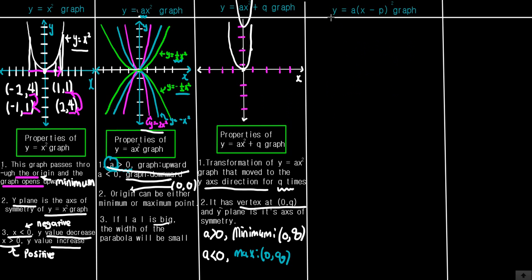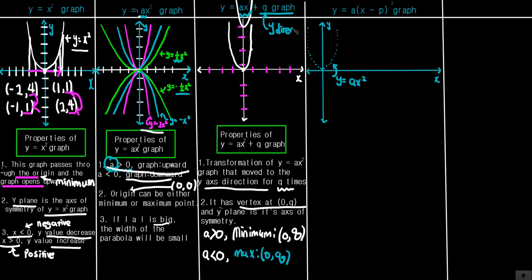Think about it in terms of y equals a times (x minus p) squared. This graph also starts from a basic one, which is y equals ax squared. But y equals ax squared plus q is a transformation of the ax squared graph that moves q units in the y direction.